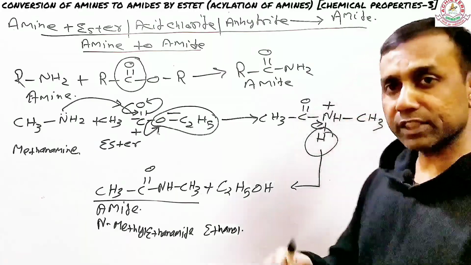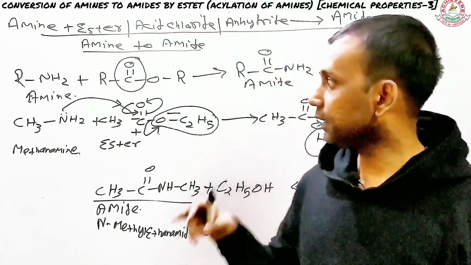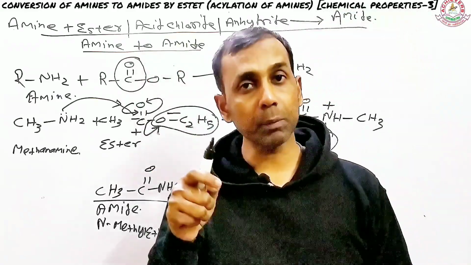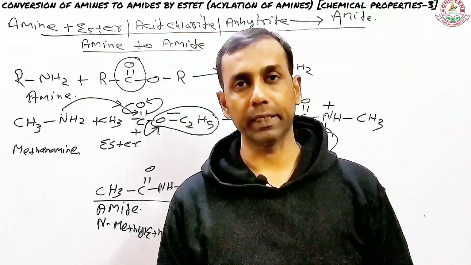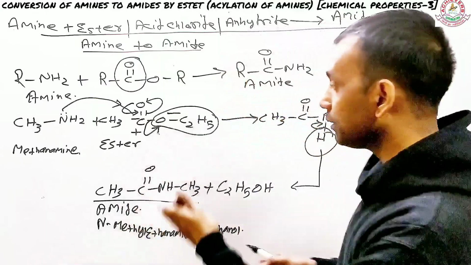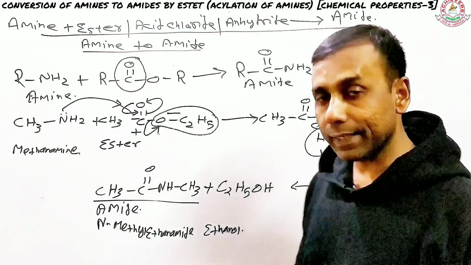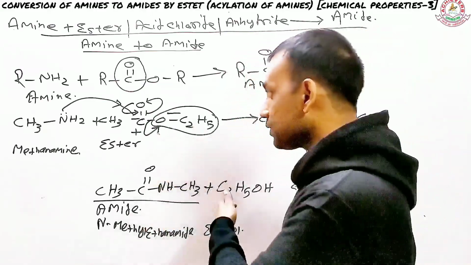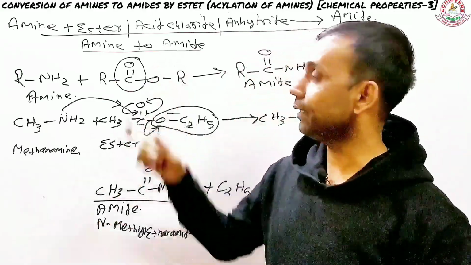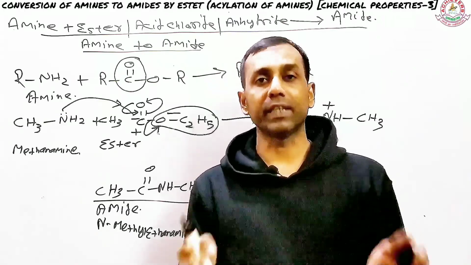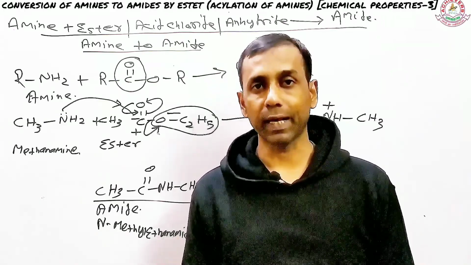So what would the difference be? Let me repeat. The difference with either of these is going to be the byproduct. The main product is always going to be the amide. Like we started with an ester, now we have ethanol as a byproduct. In the earlier lecture, I did this very reaction with the acid chloride, and the byproduct was HX, a hydrogen halide.